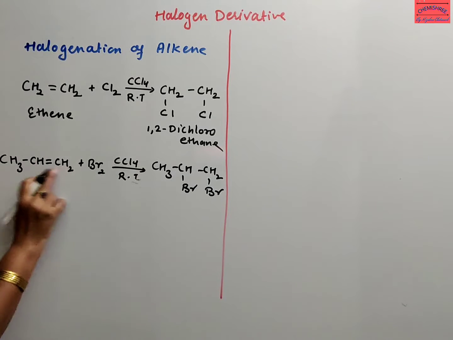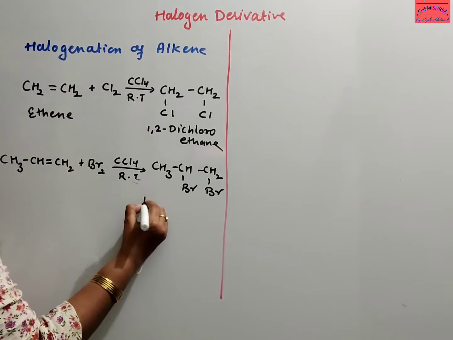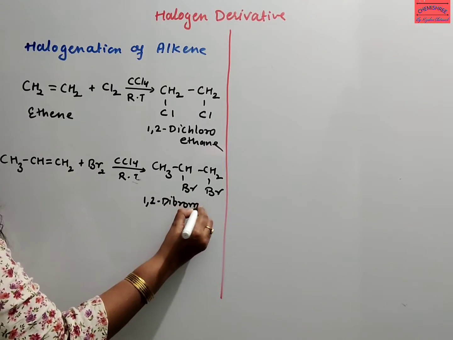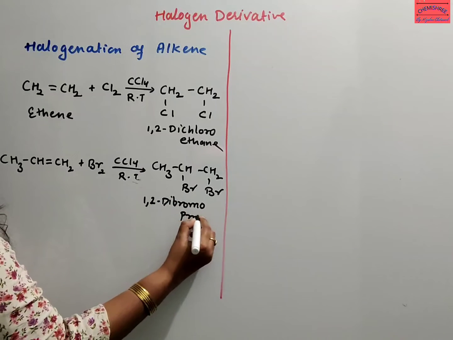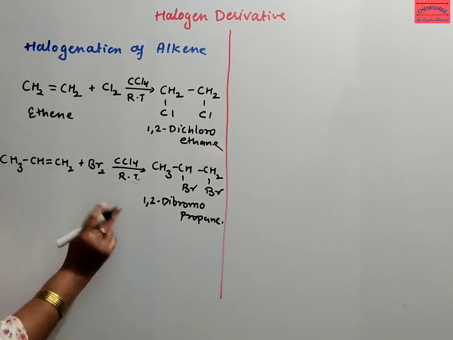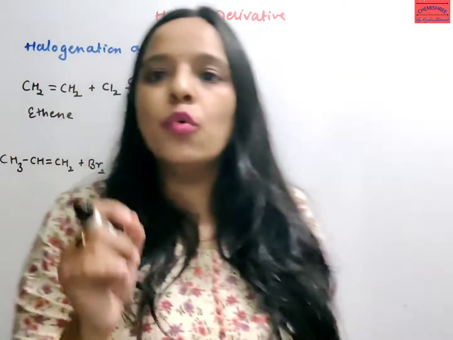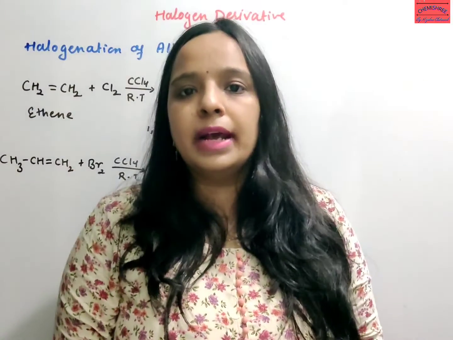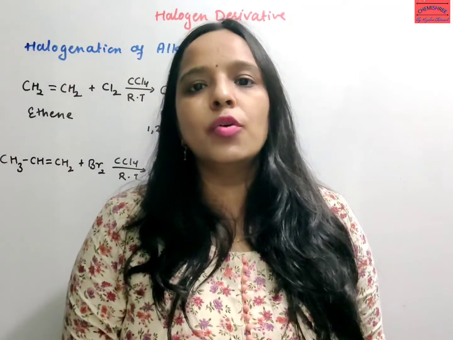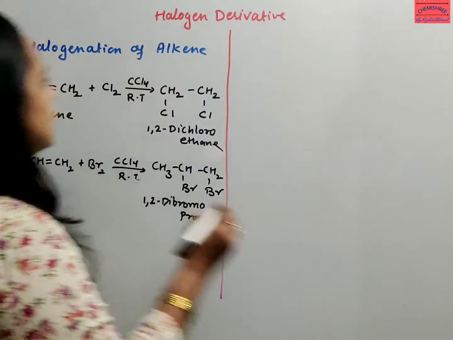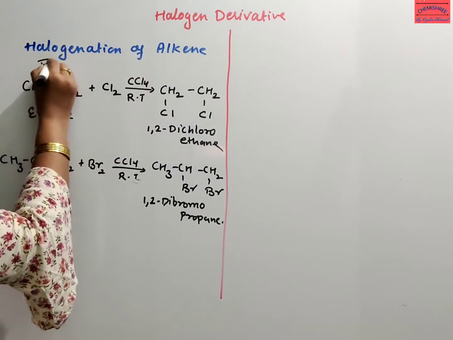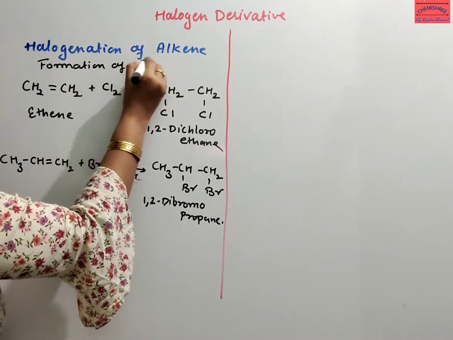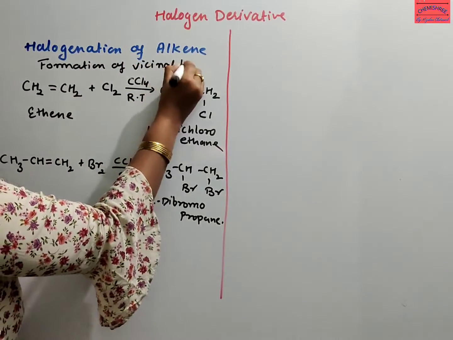Addition takes place at double bonded carbon atom and there is a formation of 1,2-dibromopropane. This type of compound is known as vicinal dihalide. When two halogen atoms are present on adjacent carbon atoms, then such compounds are known as vicinal dihalide. So this is a formation of vicinal dihalide.